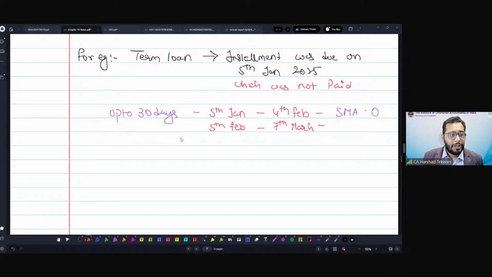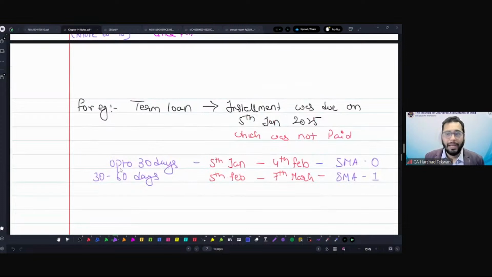Why? Because it is 30 to 60 days. So from 5th Feb to 7th March, it will be classified as an SMA 1. And assuming this is the middle layer as of now. For simplicity, I'm saying this is the middle layer.